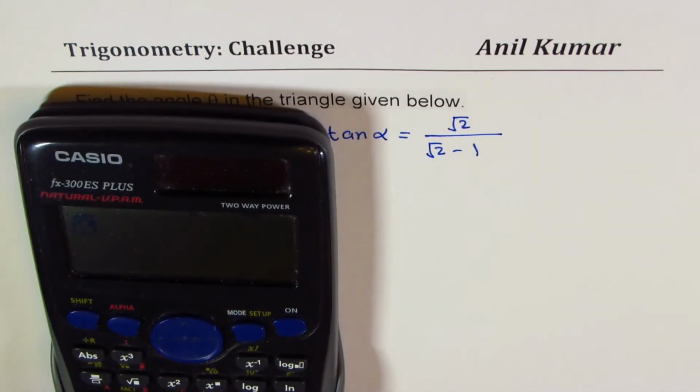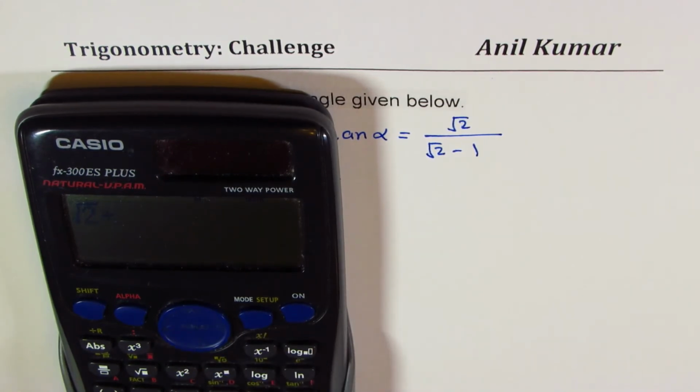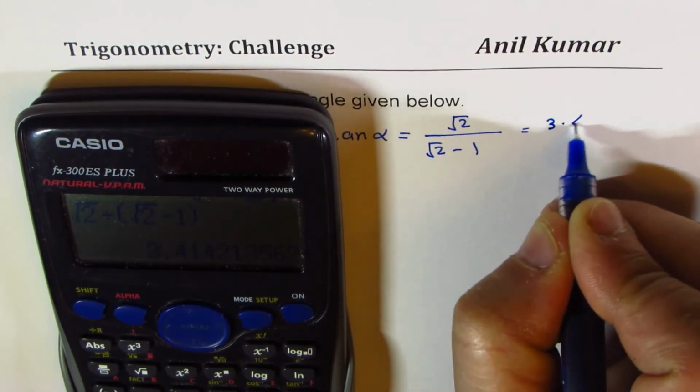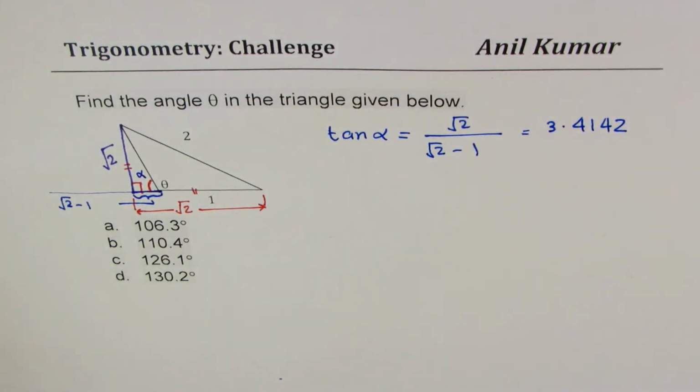Square root 2 divided by, within brackets, square root 2 minus 1 is equal to, let's write it in decimals, 3.4142, right? We need to find angle alpha.